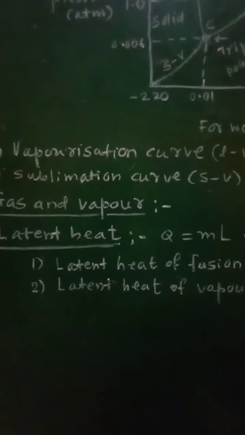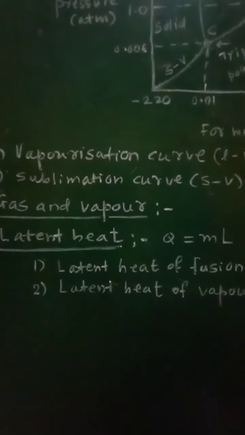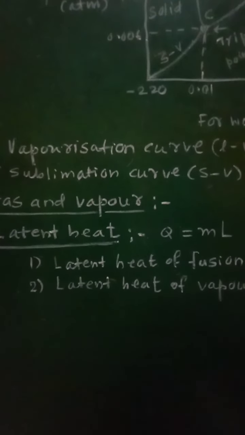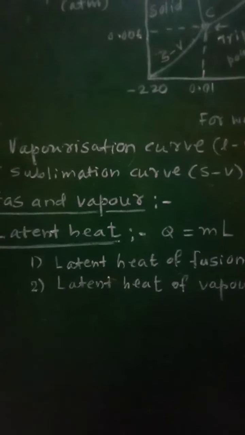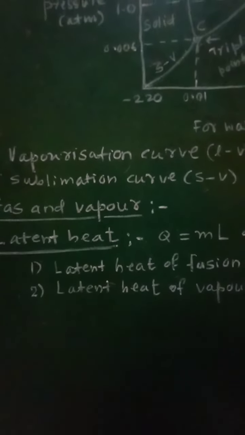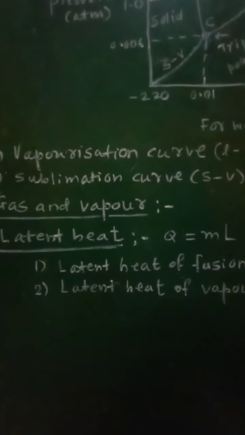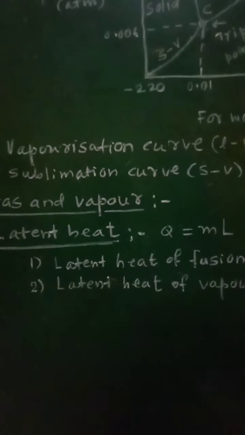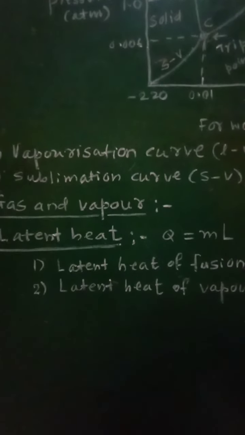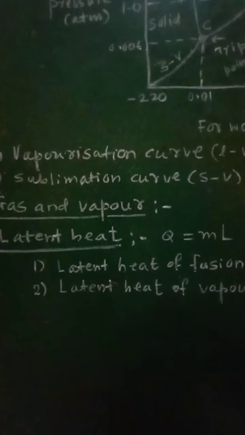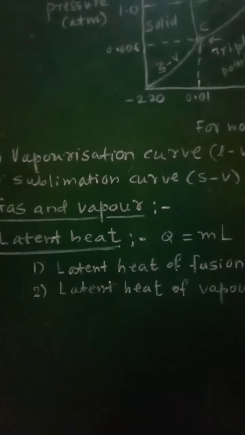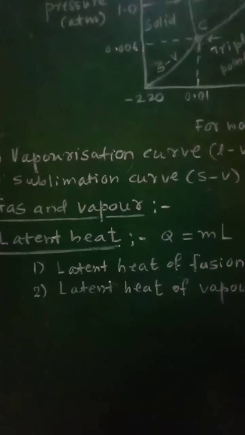If you consider unit mass of substance and there is a change of state without changing its temperature, then the amount of heat required is called its latent heat.